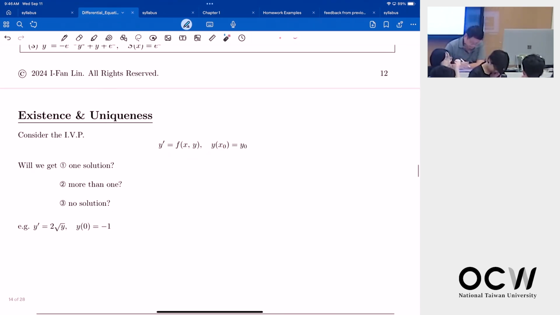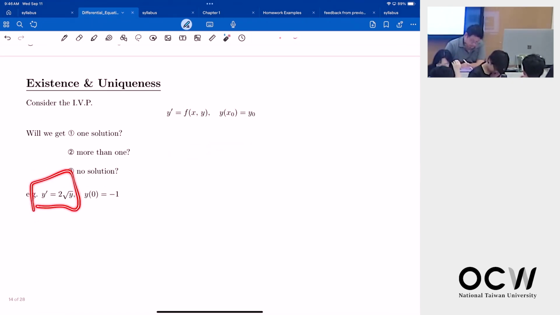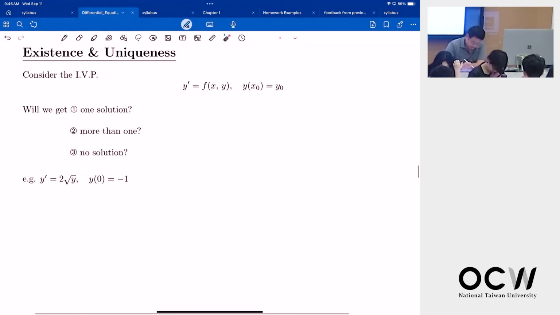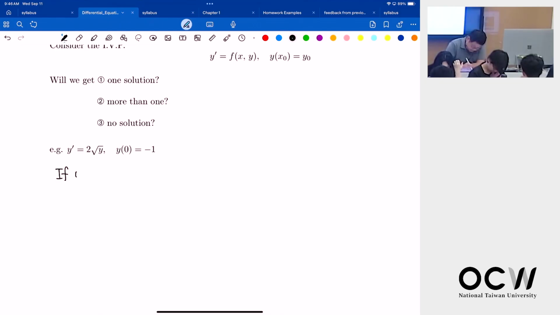For example, y prime equals 2 square root of y, and here's the initial condition. So if y is not 0, then let's see, it is separable, right? Definitely separable. 1 over 2 times square root of y, y prime equals 1.